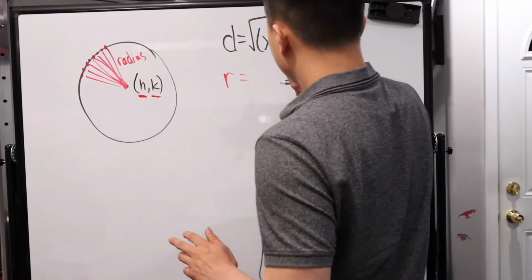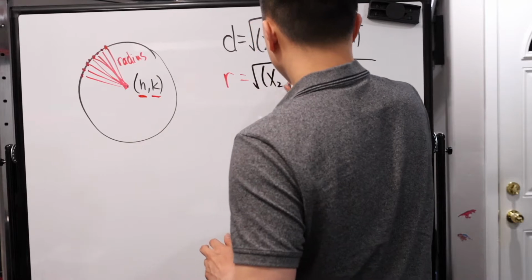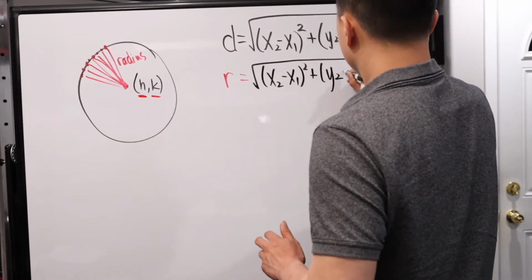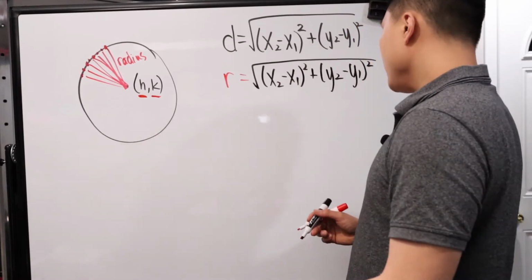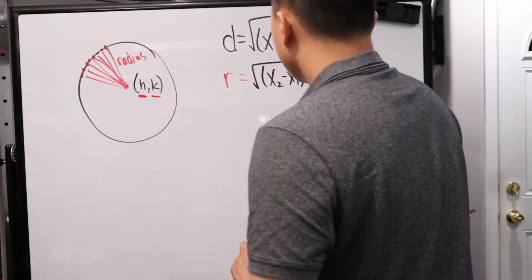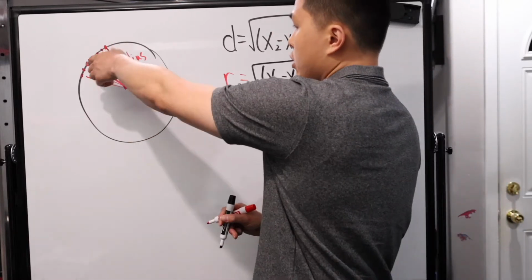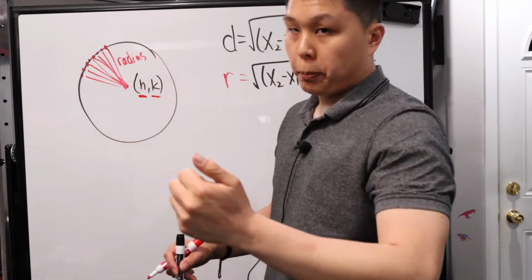Now, the rest of it is going to be a tad bit tricky, right? You have your (x2 minus x1) squared plus (y2 minus y1) squared, okay? Which is cool, but I mean, not the best. Here's the thing though. Remember that these are the change in the coordinates, and we know the change in the coordinate is dependent on what part of the circle you're picking.